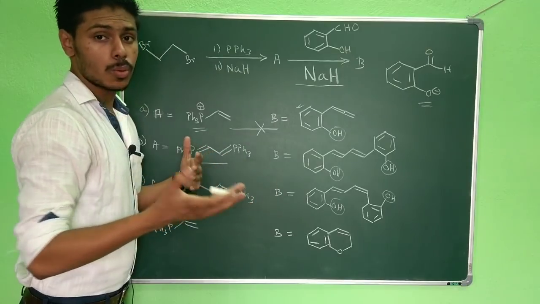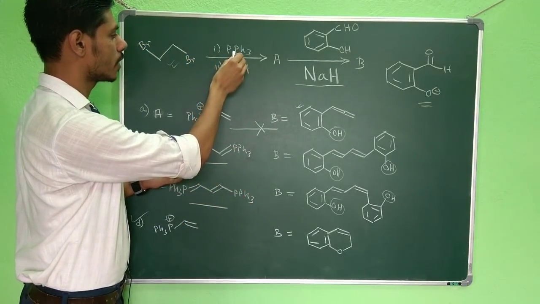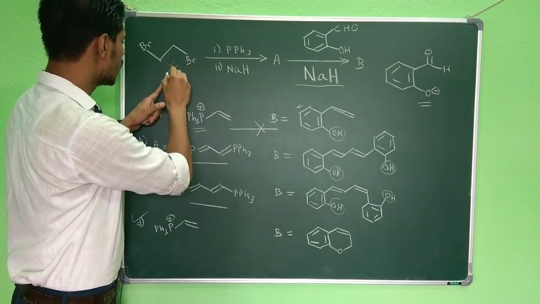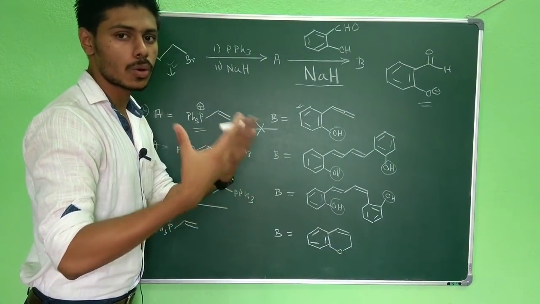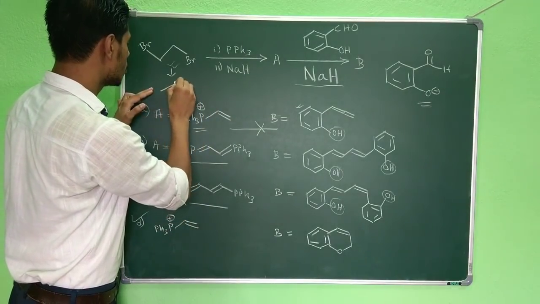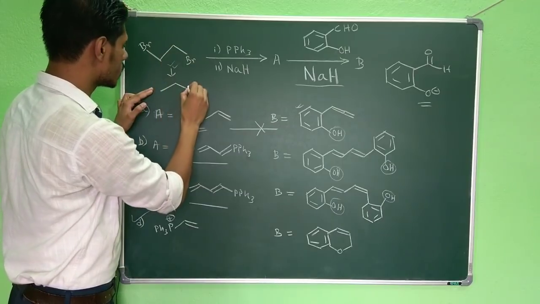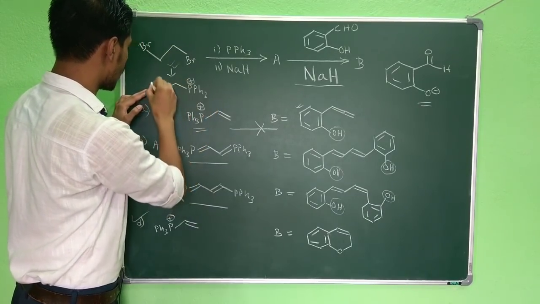Now let us first see what actually happens when we treat this type of compound with triphenyl phosphine, and then finally with sodium hydride. It doesn't matter whether two equivalents or one equivalent of triphenyl phosphine react. If two equivalents react, both bromides will be substituted by PPh3 plus.